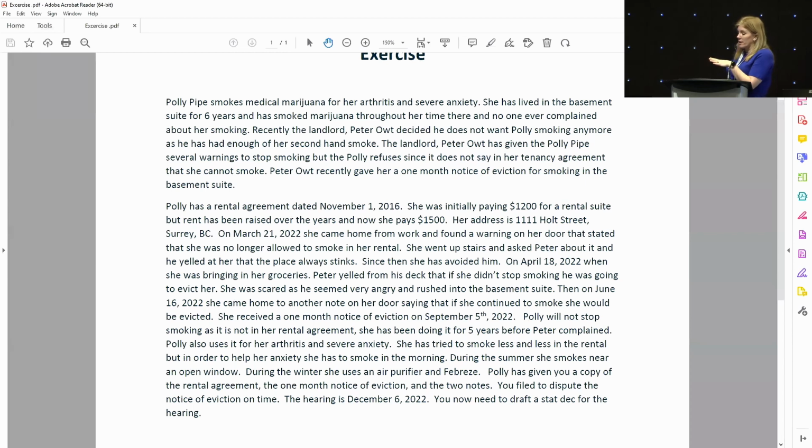You don't need to, you can refer to yourself, right? You can say what your intentions were. So, I am doing the purifier in there so that the air is cleaner. You can put in there that you do have arthritis and severe anxiety. If you didn't have a medical document, that might be enough evidence for the decision maker, but generally they like supporting evidence. It could be a doctor's note.